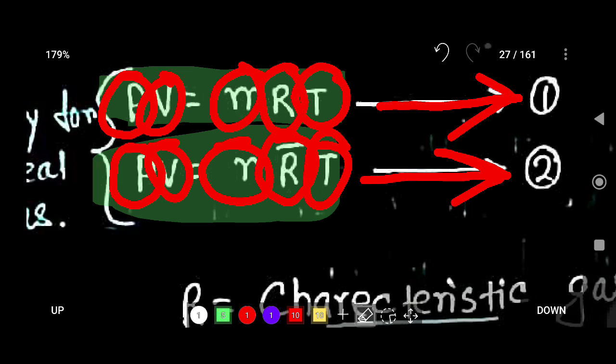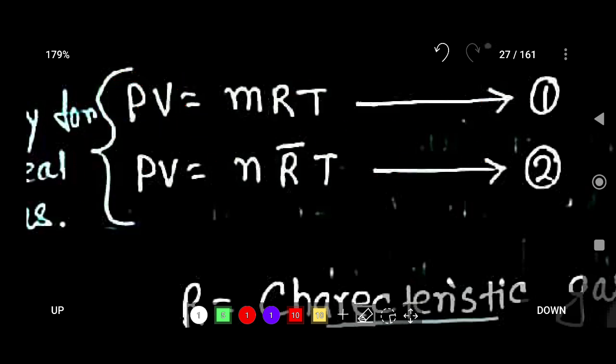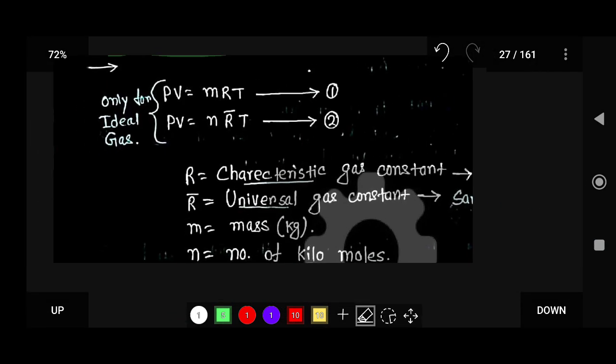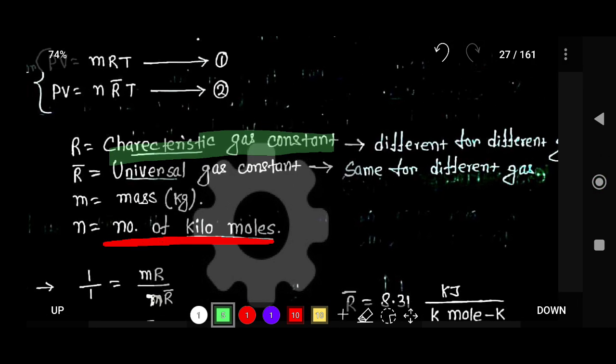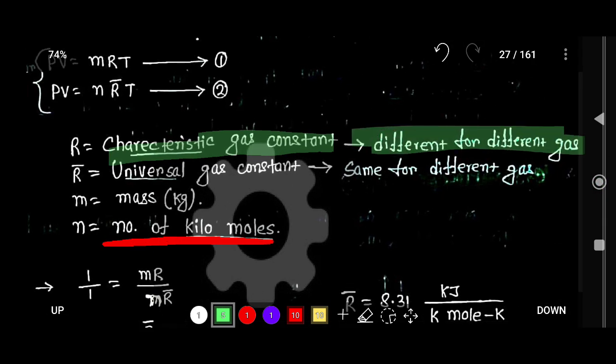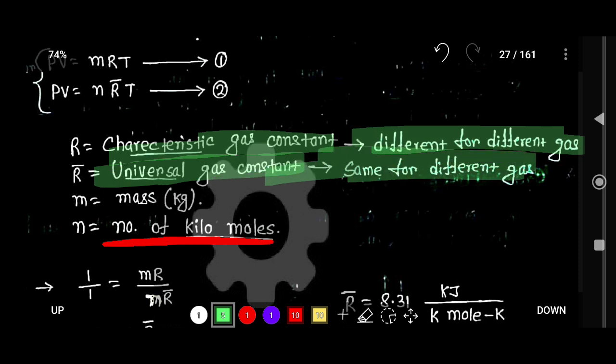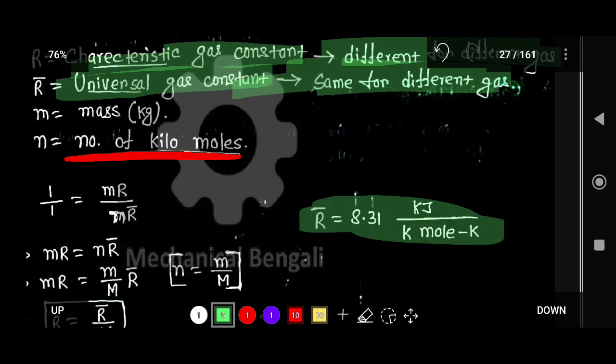So remember this. Here R is the characteristic gas constant, and it is different for different gases. But R bar is the universal gas constant, and it is the same for different gases. For oxygen, the R bar is 8.314, or for carbon dioxide the R bar is 8.314.